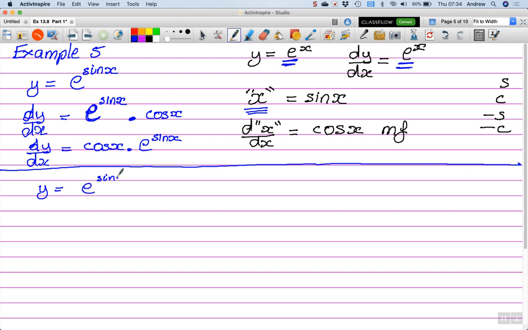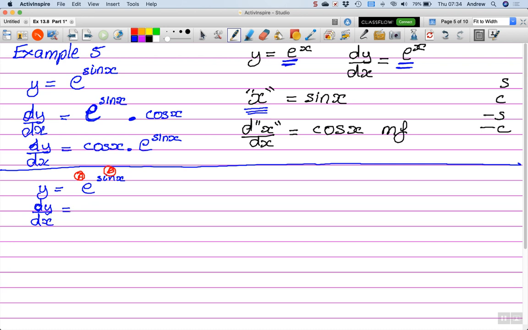And this is going to be priority. The e function is going to be priority A, and the sine x is going to be priority B. When we use the chain rule and differentiate the y, we get dy dx.